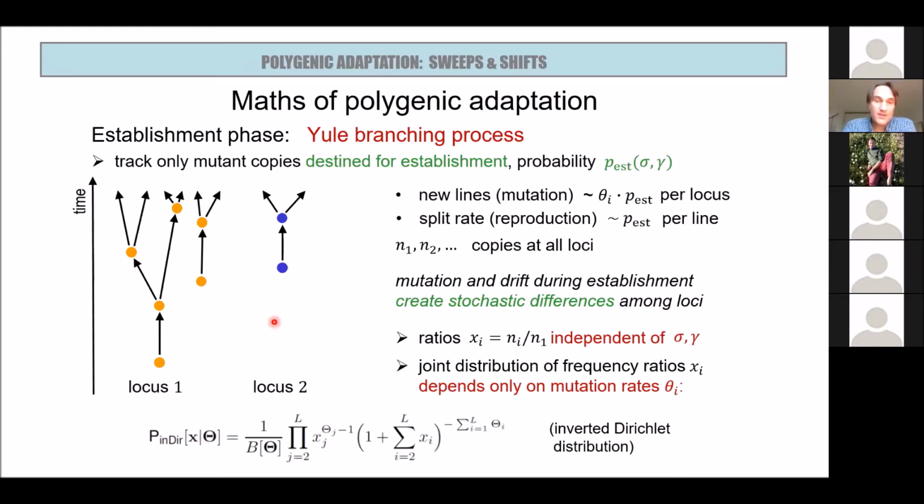All right, and this way we are able to derive a mathematical formula that gives us a joint distribution of frequency ratios at all these loci. And this is something that is independent of selection, but only depends on the mutation rates.